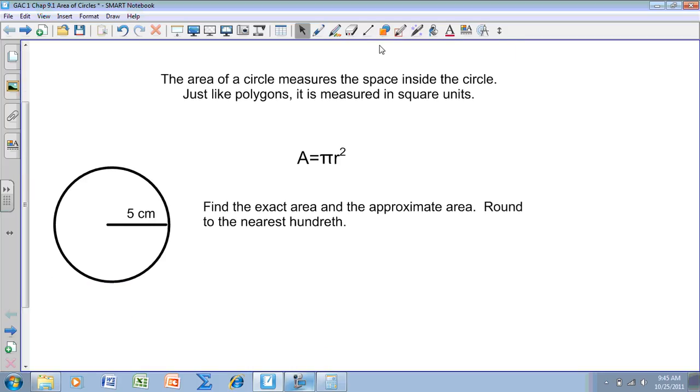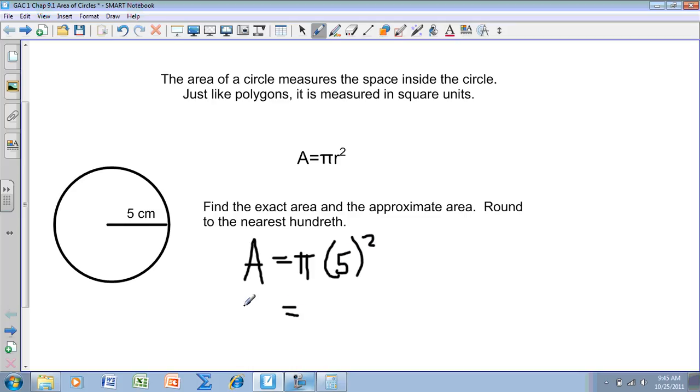All right, so here's an example. Here's a circle. What do we know about this circle right here? Yes, the radius is 5. So find the exact area and the approximate area. Area equals pi times radius squared.